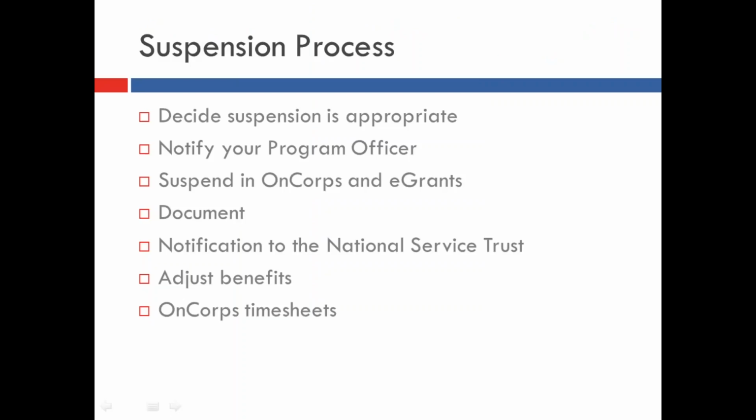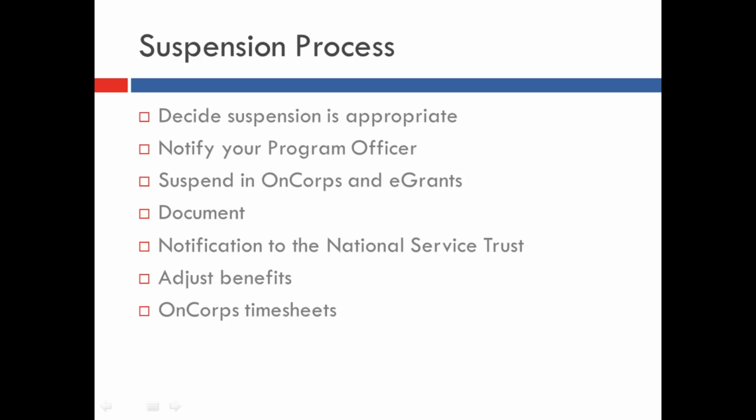When you're notifying a program officer, we were just talking among staff, I think it would be reasonable for you to provide an explanation of why the suspension is happening and what the situation is, a little bit of detail there. If the suspension is going to be happening in the near future, or you're hoping to have it occur that day, detail what day that suspension will begin.